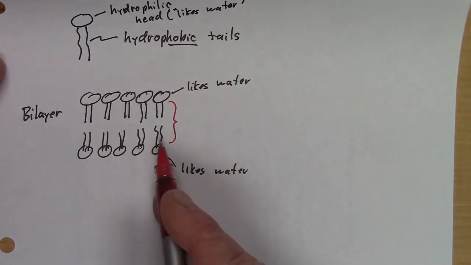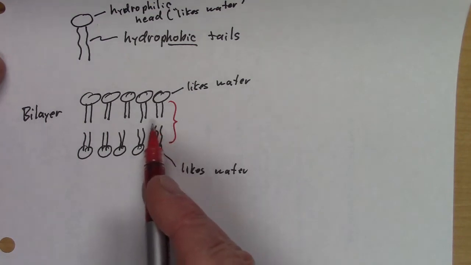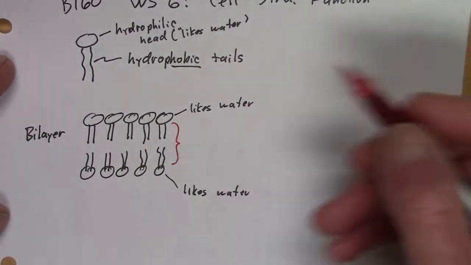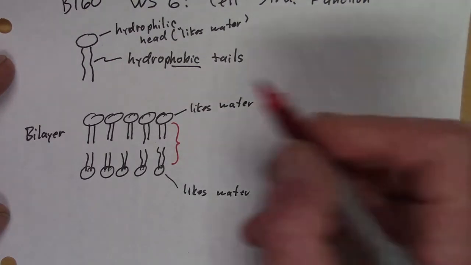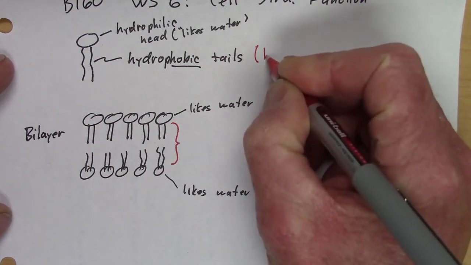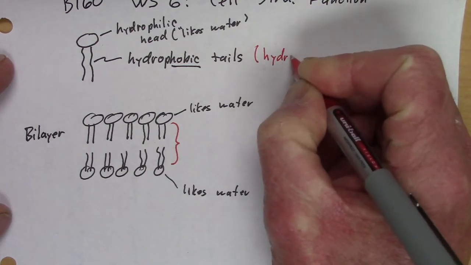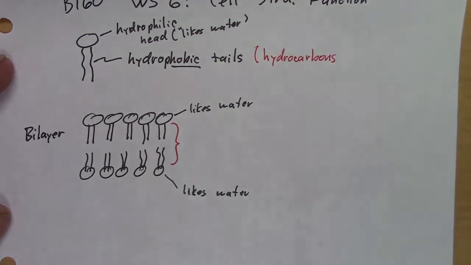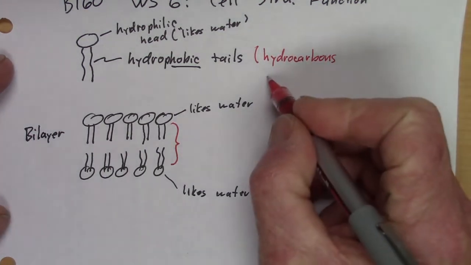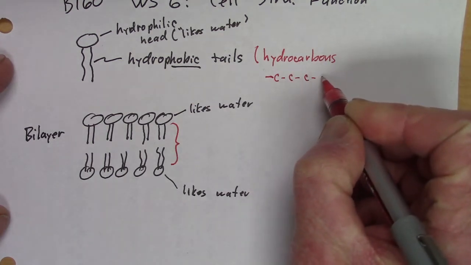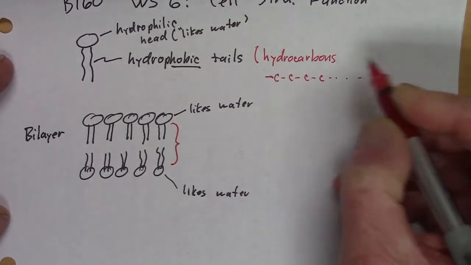The water has literally been pushed out, because these tails, didn't mention it above, but if you remember from the earlier discussion, these hydrophobic tails are hydrocarbons. And you can go back and look at the structure, but it's just long chains of about 18 or 20 carbons, something like that, on and on.